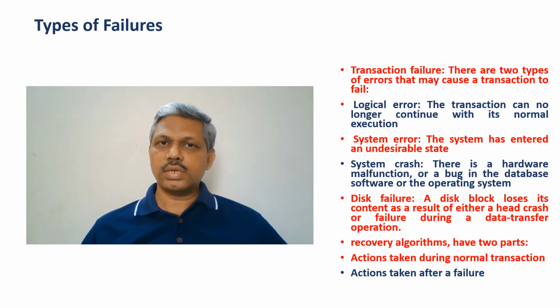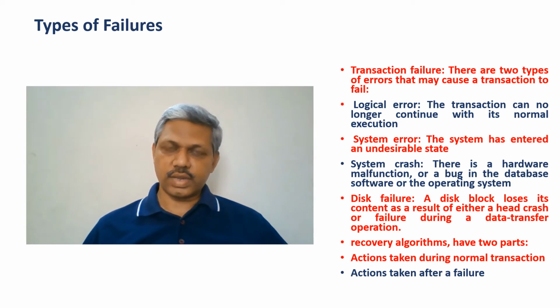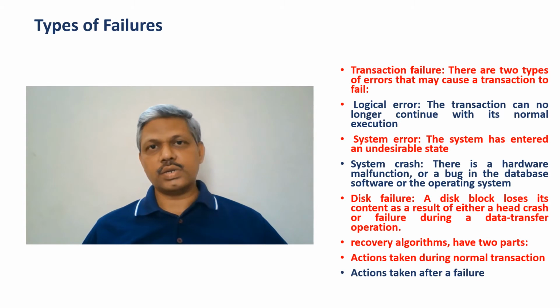So even though the transaction is running, because of these logical errors some kind of interruption may occur in the transaction processing. Because of that, it cannot execute further, and its impact may be there on all of the transactions which are linked to it. That is one kind of failure in the case of transactions.